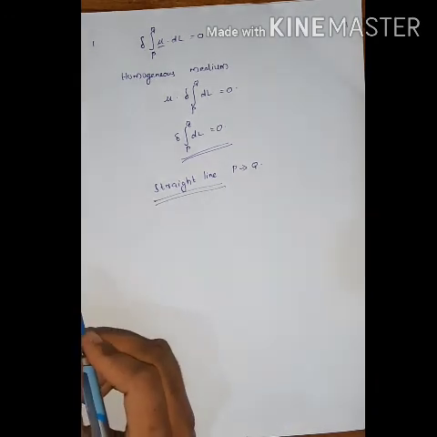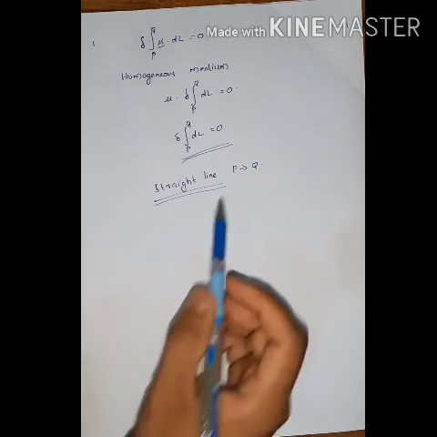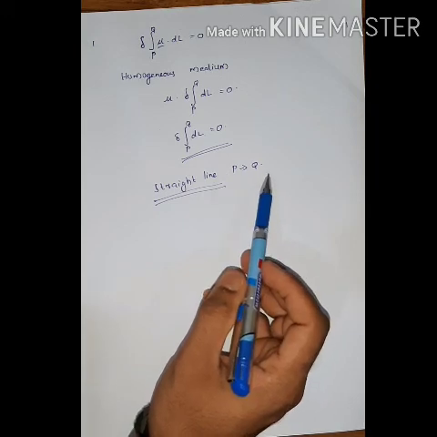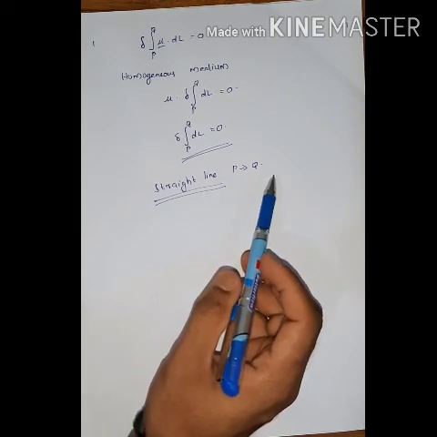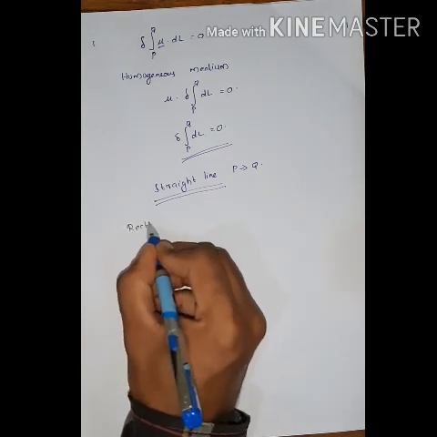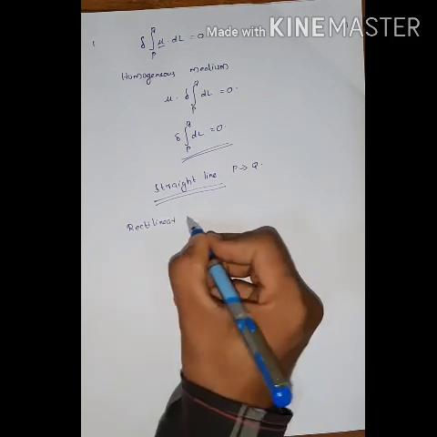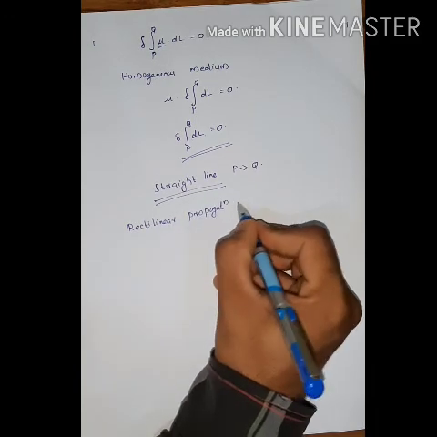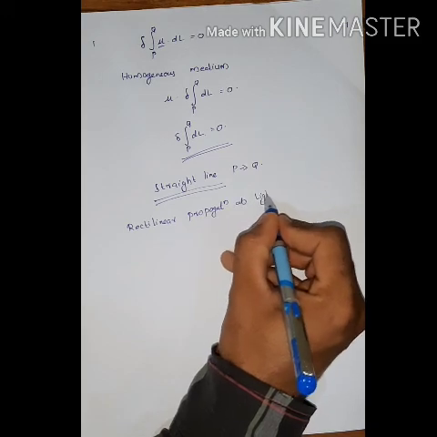Light will choose the one and only path between p and q. In that manner, Fermat explained the rectilinear propagation of light.